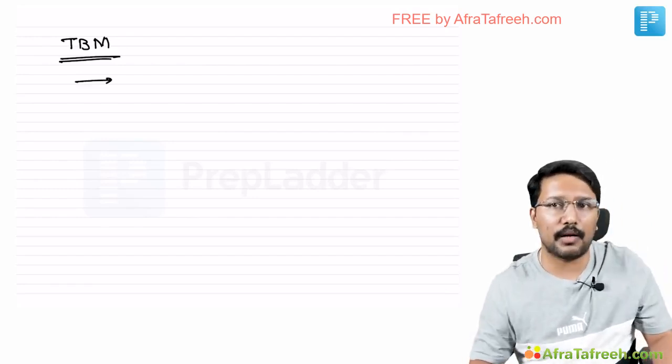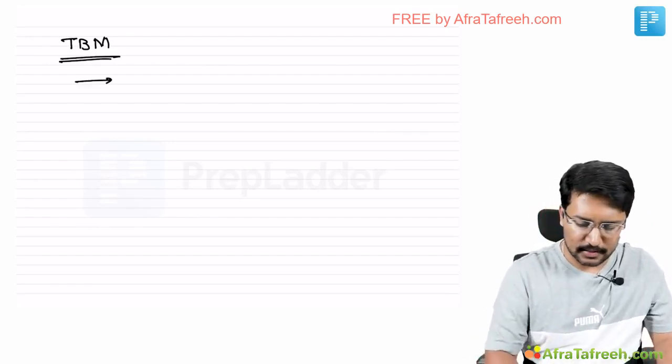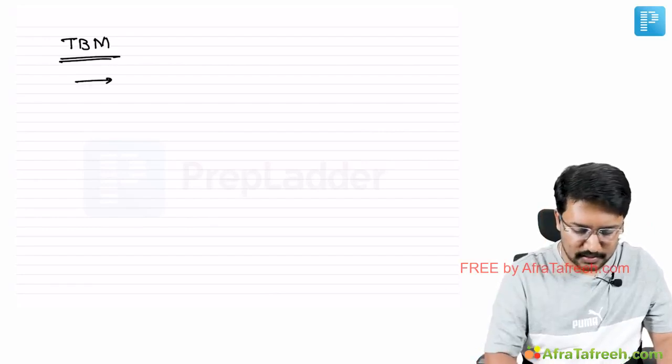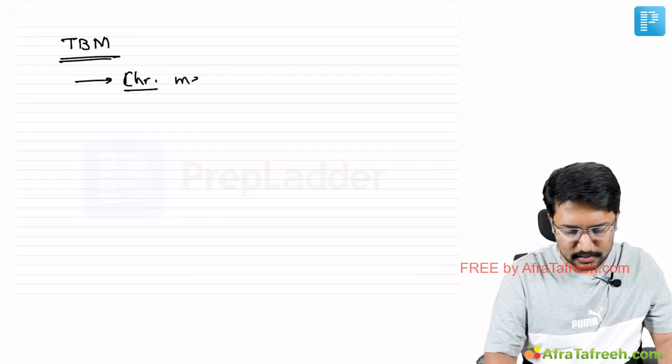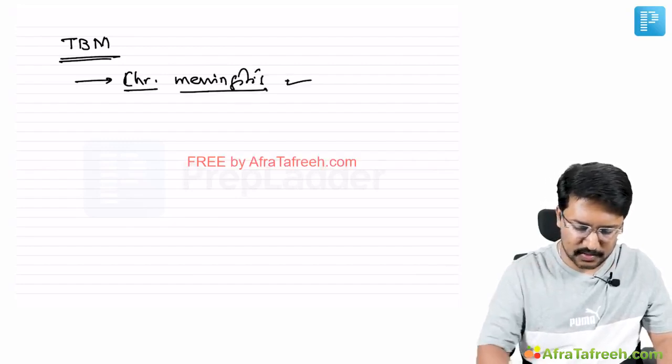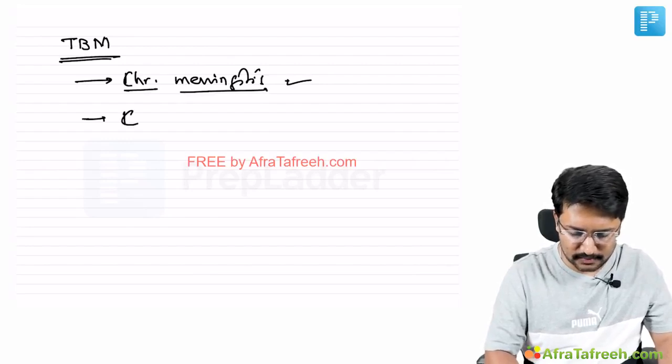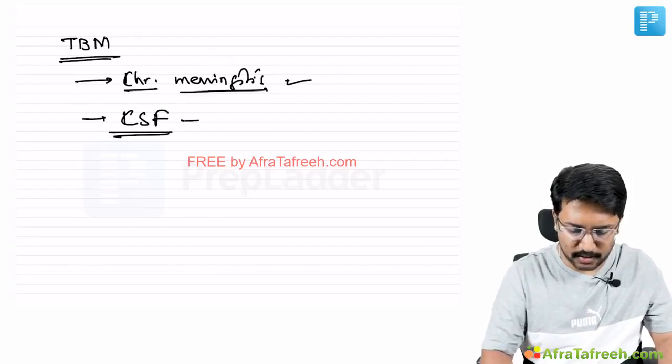The first point about TB meningitis is that it is usually an exudative meningitis and it causes chronic meningitis. Often these patients present with headache and meningism signs. And CSF is the most important modality for diagnosis.